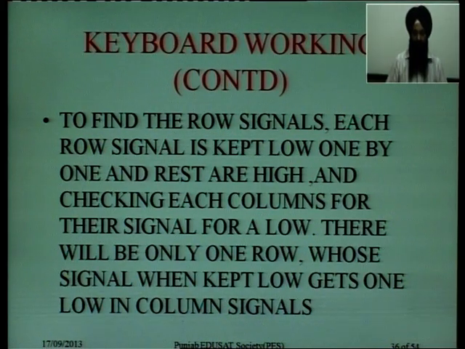And when we get a low in any column, because there will be only one row whose signal when kept low gets one low in the column signal, this is the basic or main principle of how a key is detected.